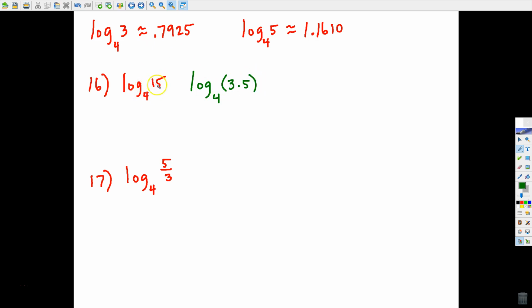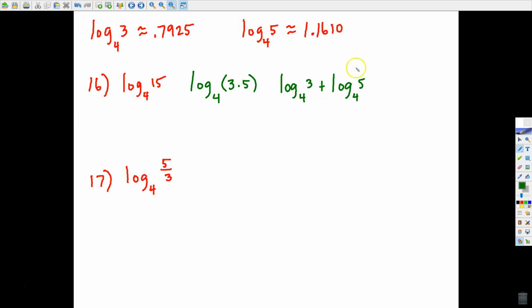Okay, I haven't changed anything as far as the value. I've just rewritten it in an equivalent way using multiplication. And the product property says this: I can expand the multiplication of these two numbers into 2 separate logarithms using addition. Log base 4 of 3 plus log base 4 of 5.